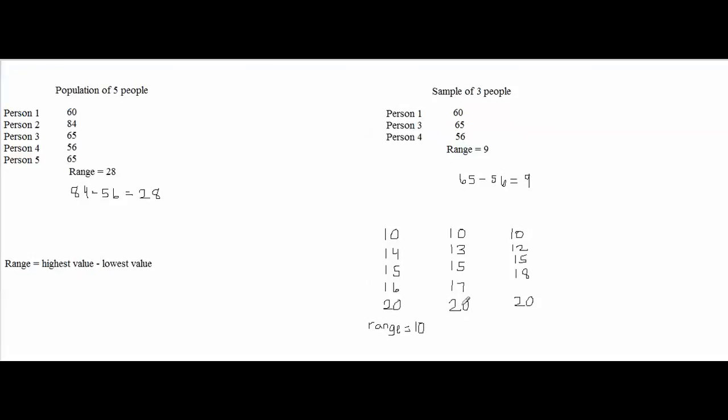Here the highest is 20 and the lowest is 10, and we get 10. And here if we subtract 20 by 10, we get 10 again.